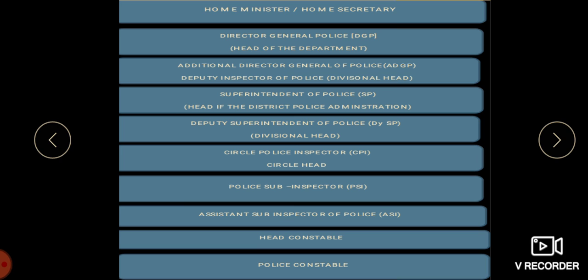When we move on to the state police structure, there is the Home Minister or Home Secretary. Then we are having the Director General of Police, that is the DGP, who is the head of the department.